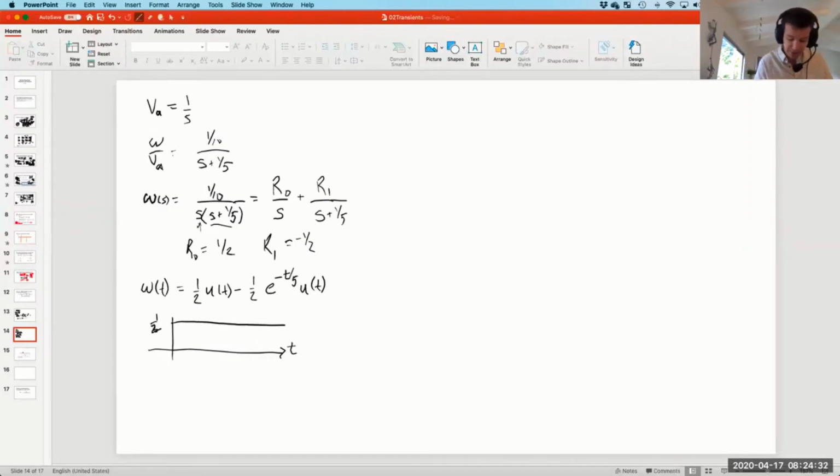And at t equals 0, this is 0. So I think this is our classic charging capacitor shape. And so now the question becomes, let's find the time where this response first or last gets 1% away from its steady state value.